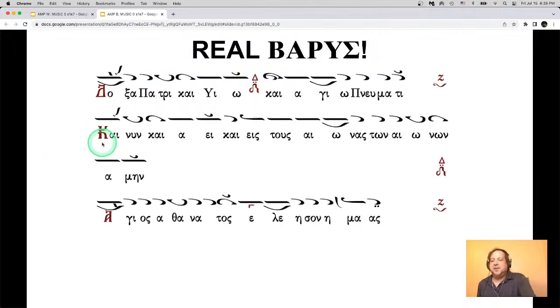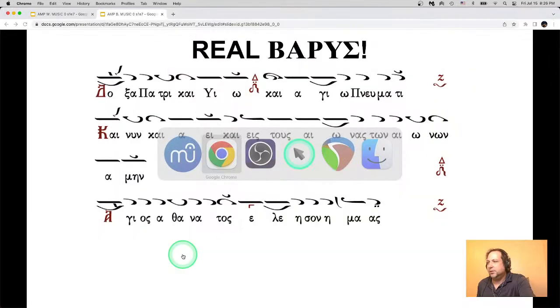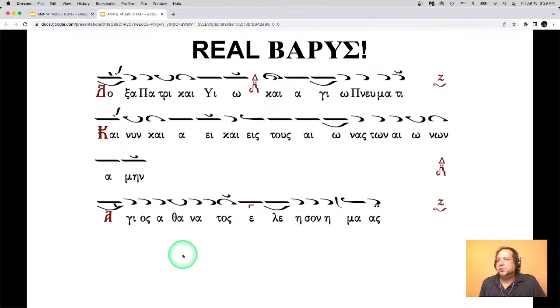Now here's real values. So that's a thumb. I'll actually do a thumbs down, even though it doesn't look very good. So this goes like this.